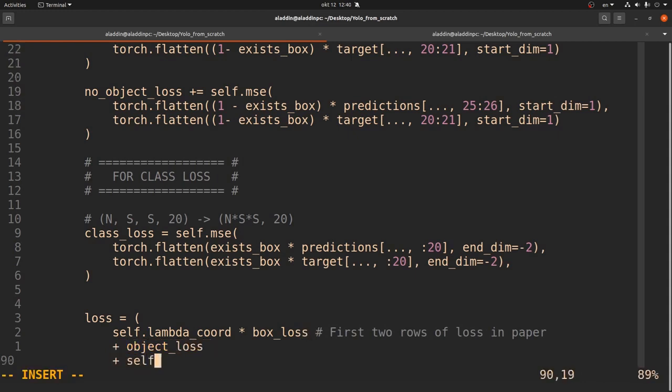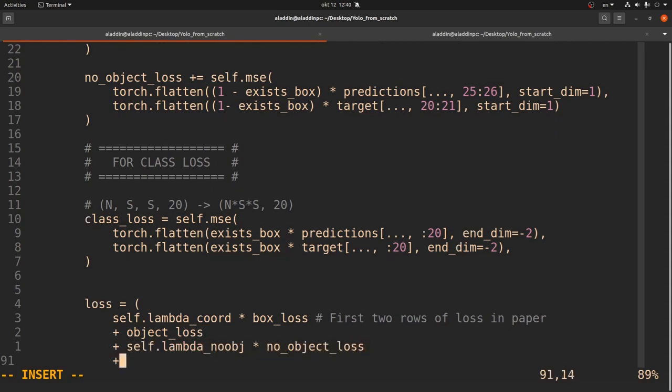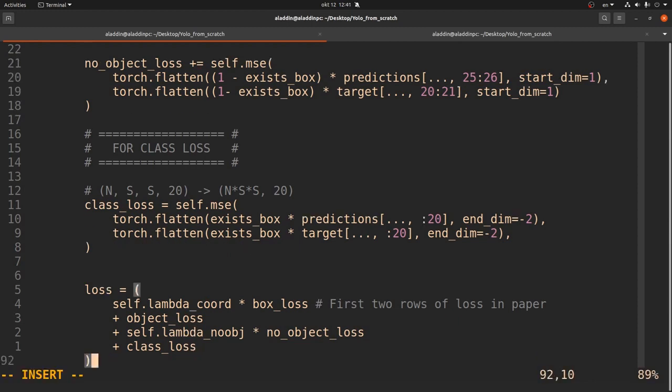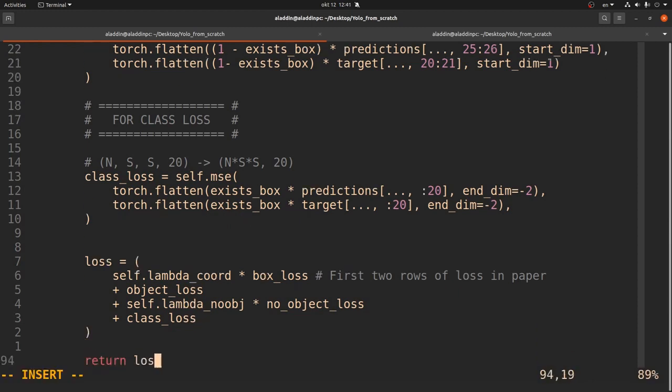Then we're going to add self.lambda no object times no object loss, and then we're going to add the class loss. So this would be the 3rd row, this would be the 4th row, and this would be the 5th row in the paper. All right, and then at the end, we're just going to return loss.